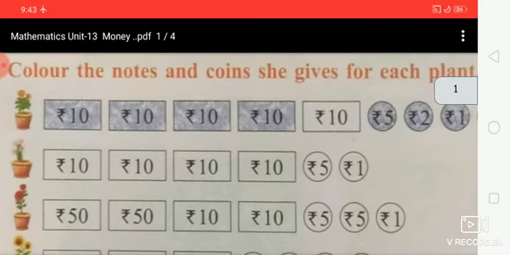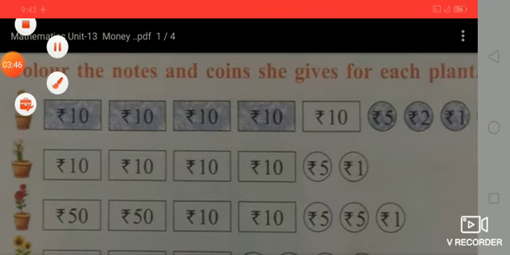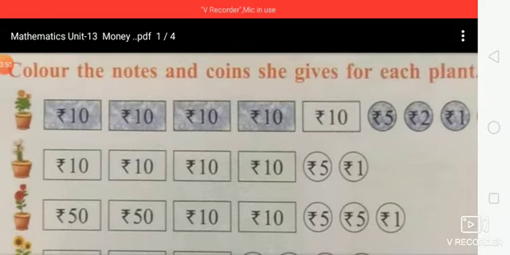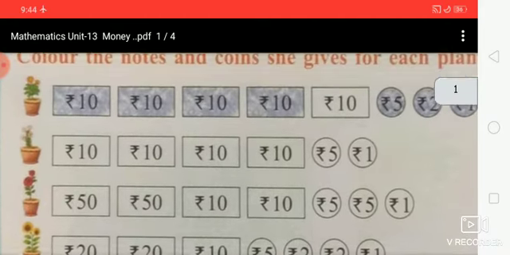Coins are commonly used for small transactions, that means 2 rupees chocolates, 5 rupees chocolates, so that is the use of coins. Transactions of 500, 1000, 2000 are transactions of notes. Is that clear?